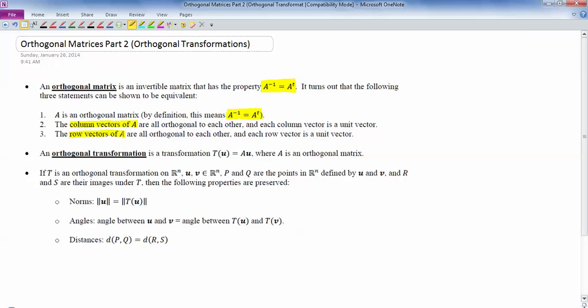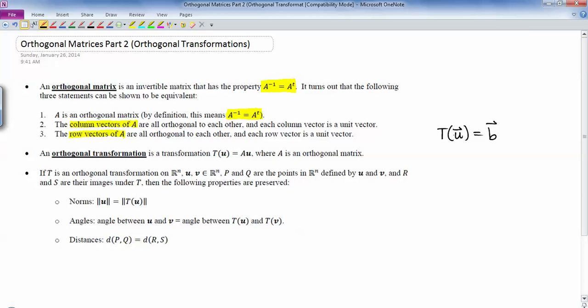Then there's transformations. Remember, transformations, the way that we've talked about them, are when you take some vector and plug it into a function T, a transformation or a mapping, and then you get some new vector out of it. I think we were calling it b in class.